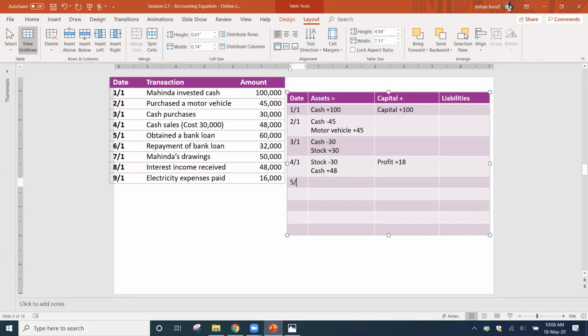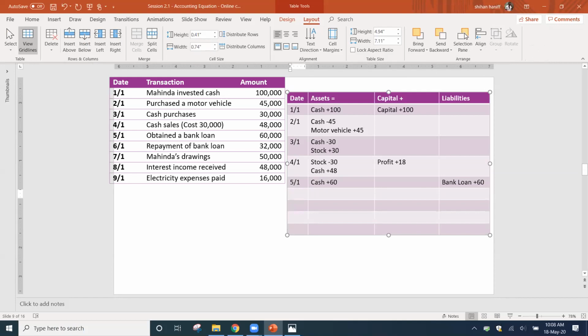5th of January, obtaining a bank loan. Once we take a bank loan, our cash amount will increase and the bank loan amount will increase by 60,000.